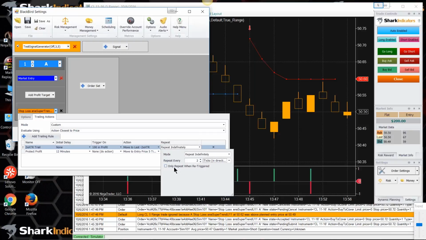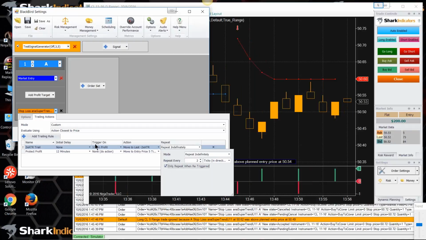Now, if I want, I can place some limitations on that repeat. You notice that we have this checkbox here, only repeat when re-triggered. If I check that, what that means is that when the trigger event happens, the action will take place, but it will not repeat until we get another trigger.